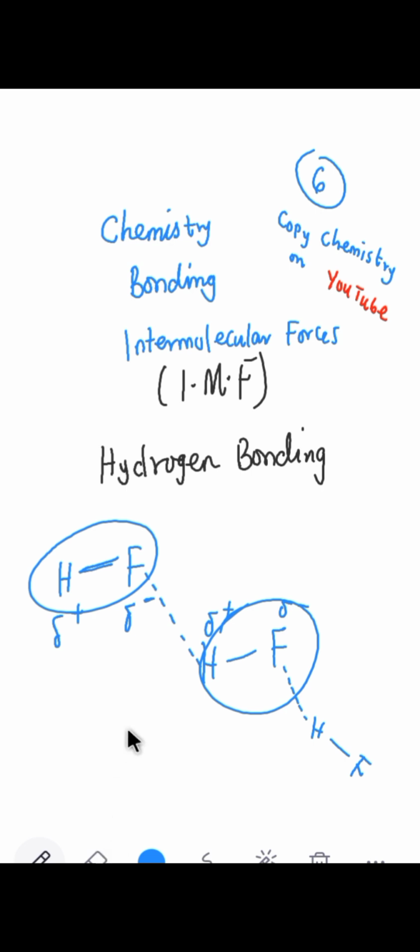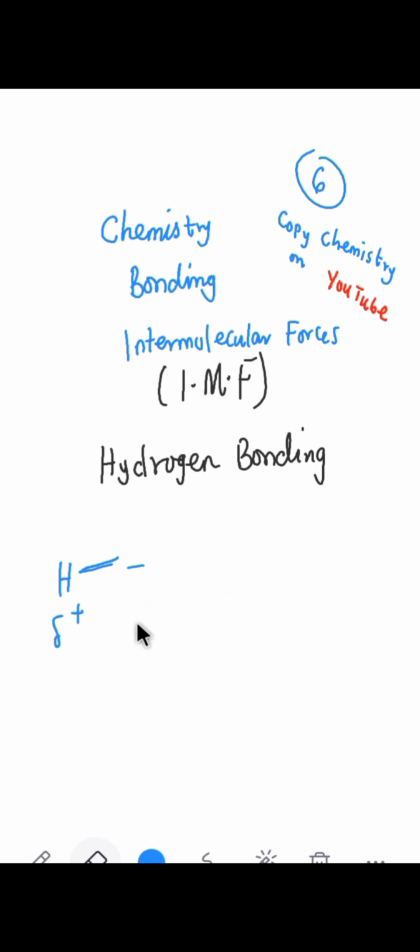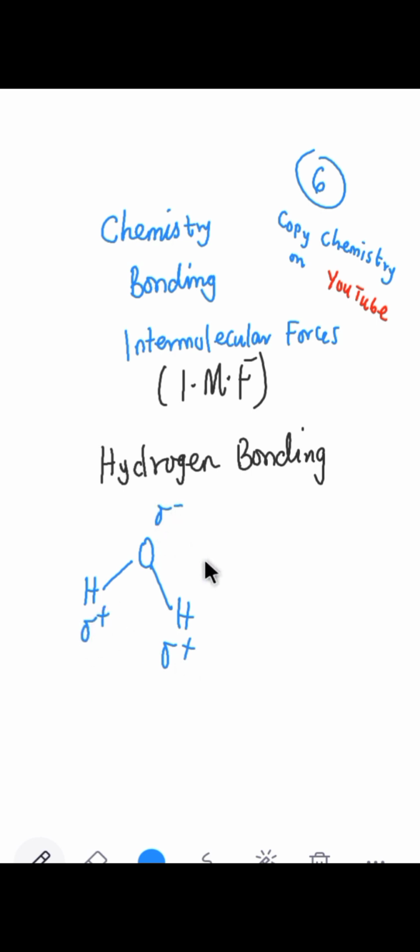So we can also see that play out in our H2O, that's the water molecule. H2O is this way, but of course this is partially positive and this is partially negative, right? Another H2O molecule like this, partially positive, partially negative.